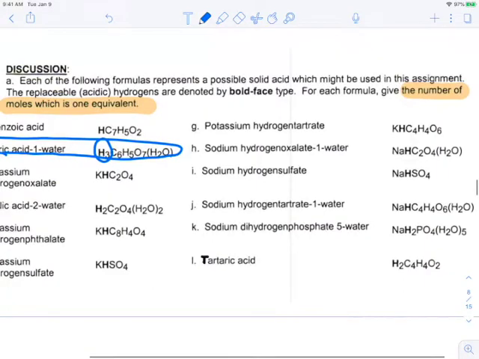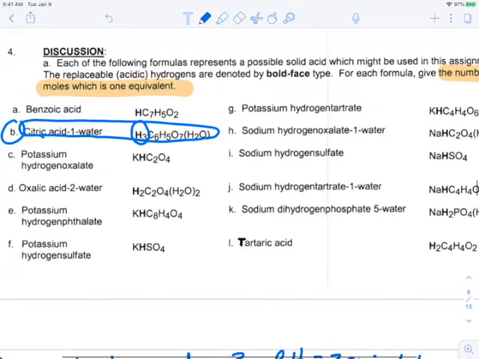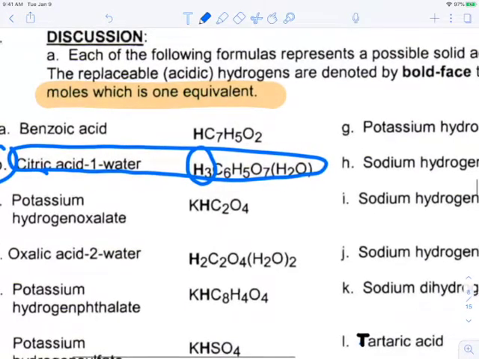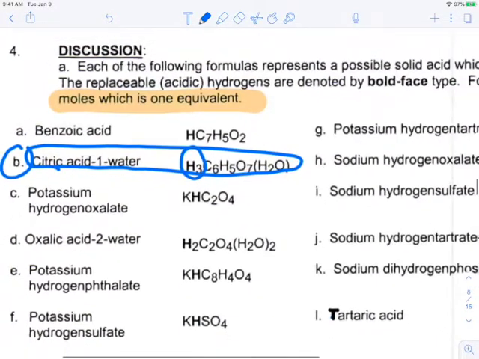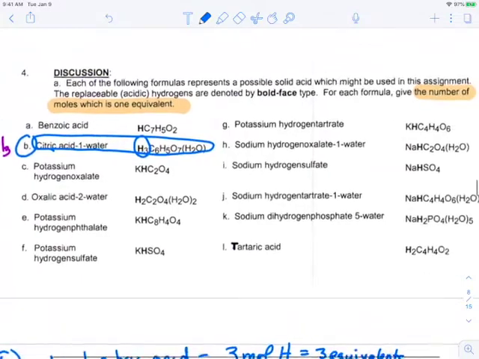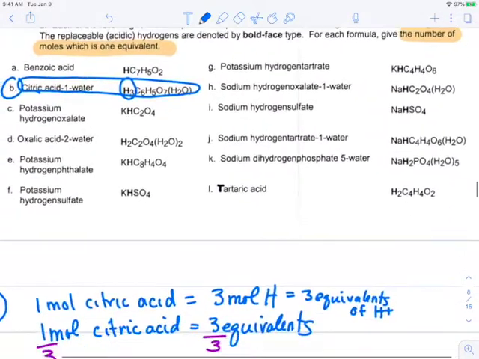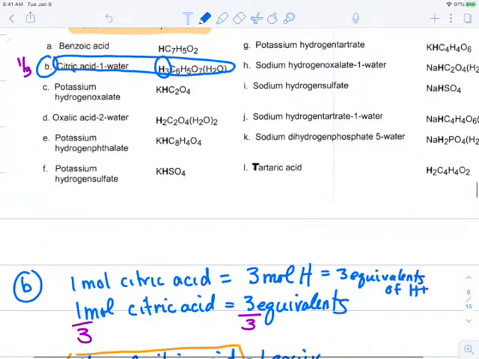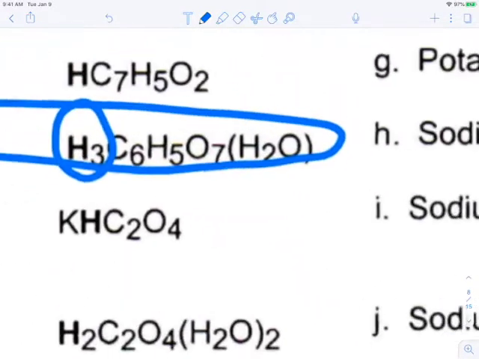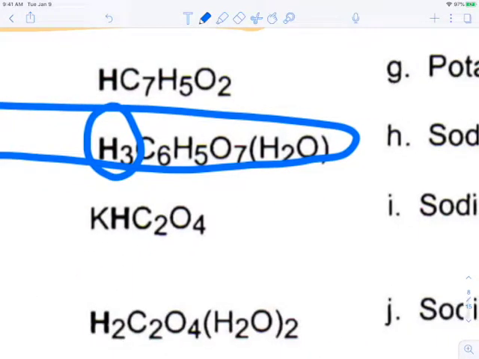So here, what they want you to do is give the number of moles, which is 1 equivalent. And that's kind of a strange way to word things. So I want to show you what we mean. So if we're looking at citric acid, here is citric acid. So it's a long formula, but notice for all of these, the hydrogens are going to be bolded.